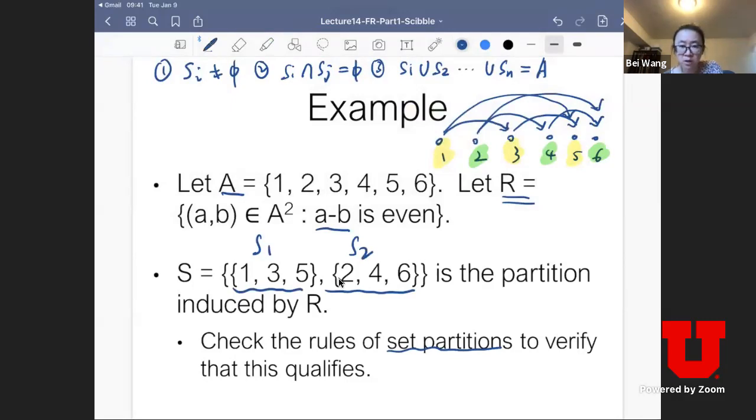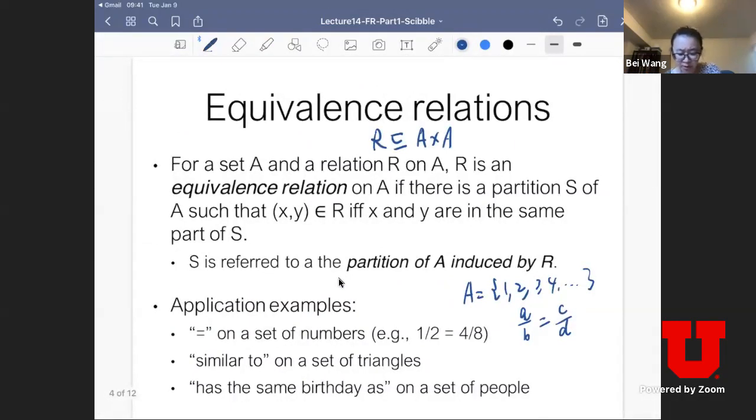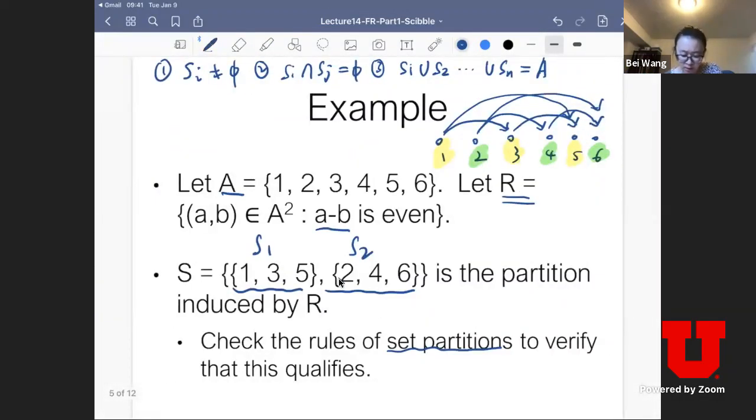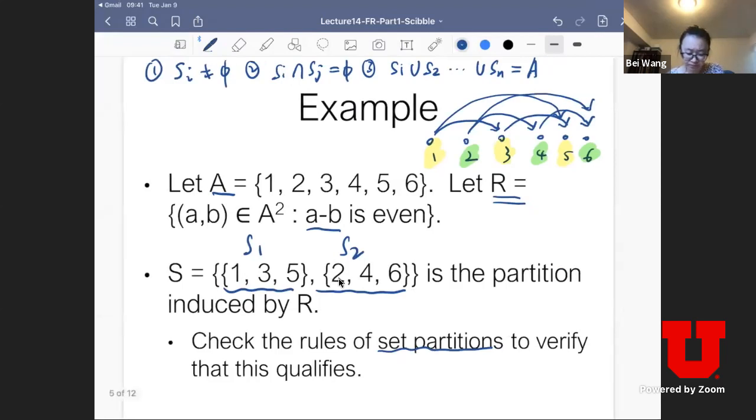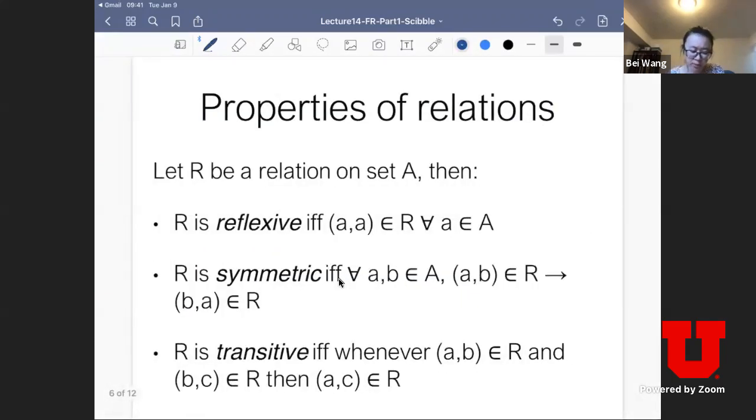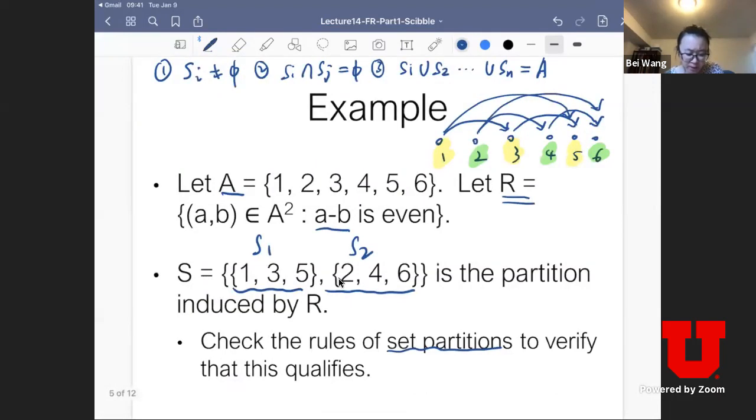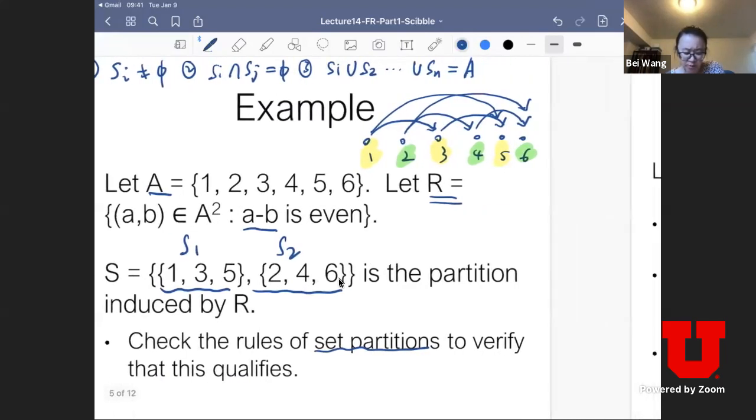And three, the union of these two sets is equal to A. So indeed, this is a partition, and therefore, by the definition of equivalence relation, it is also an equivalence relation. All the numbers in the first set are related by the equivalence relation, and all the numbers in the second set are as well.